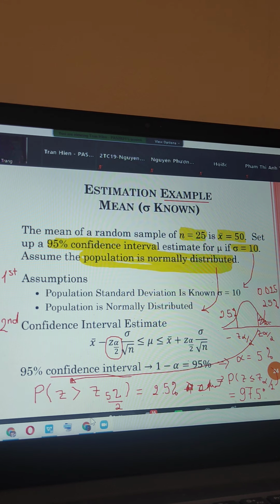So right now, can you search in your standard normal distribution table for the value of z where the probability is equal to 97.5%?